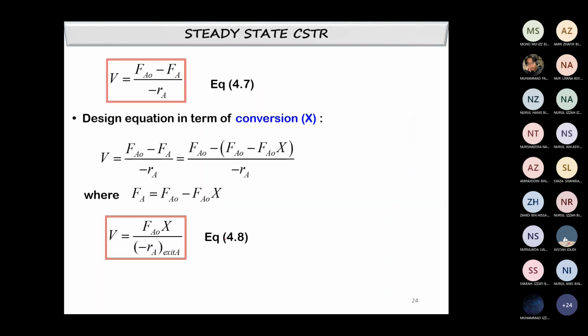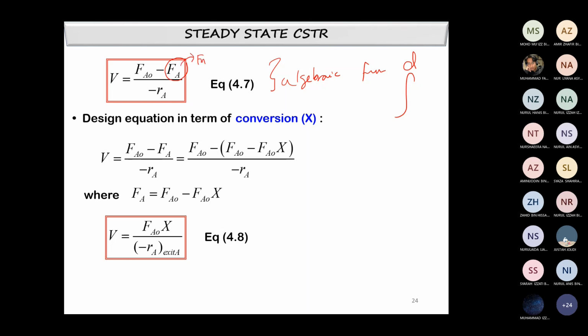So this would be called an algebraic equation. Special CSTR ni dia tak ada in terms of derivative and also integration. So how do we get this one? V is equal to FA0 minus FA over minus rA. So what is FA?